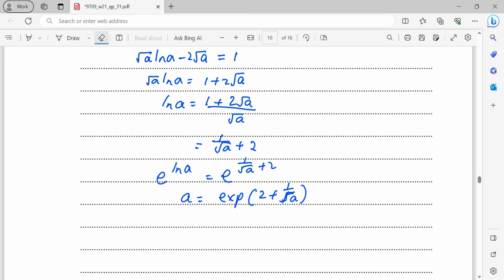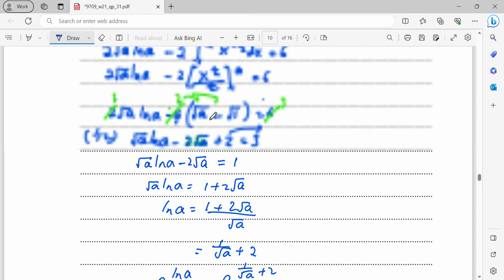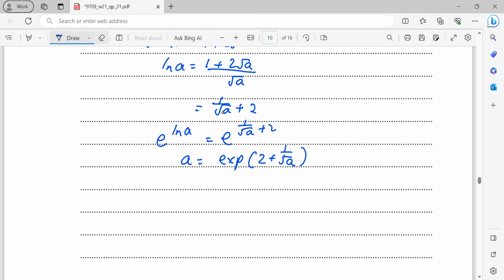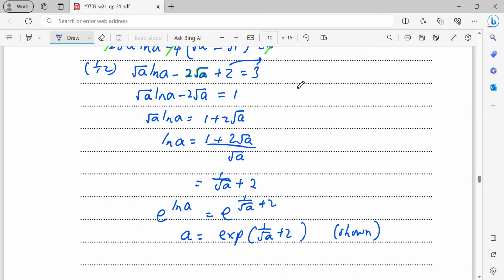So I will just change the order of the two terms. Alright, so shown. Okay, so we have done this part.